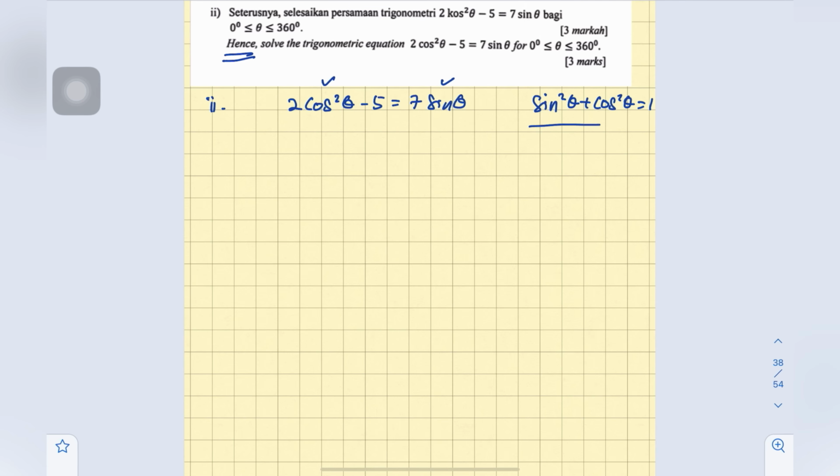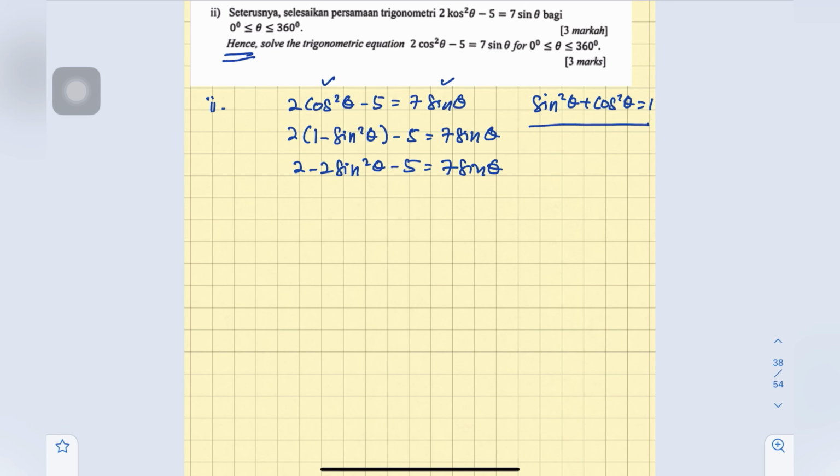From this basic identity, we can substitute cos squared theta as 1 minus sin squared theta. So 2 times (1 minus sin squared theta) minus 5 equals 7 sin theta. We expand, so 2 minus 2 sin squared theta minus 5 equals 7 sin theta, and we simplify, we get 2 sin squared theta plus 7 sin theta plus 3 equals 0.